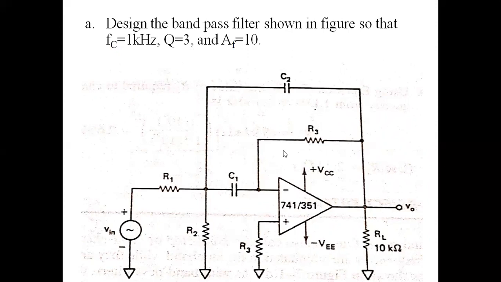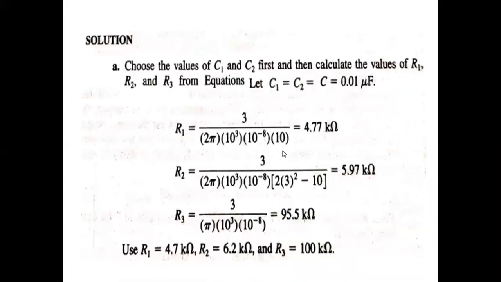And we know from the design equations, we have already seen the equation. Choose the values of C1 and C2 first and then calculate the values of R1, R2 and R3. Let the C1, C2 values be equal, that is 0.01 microfarad.